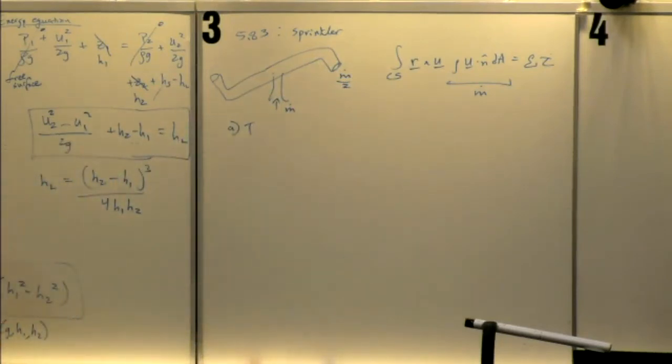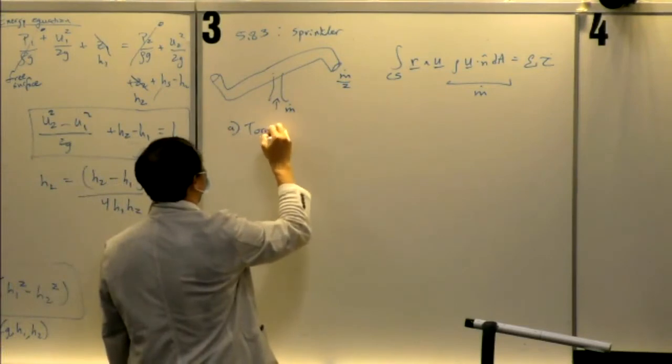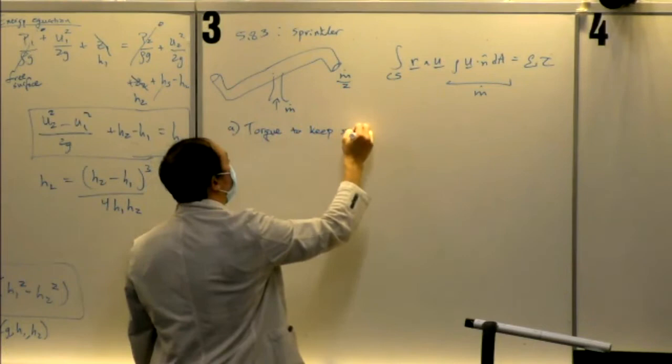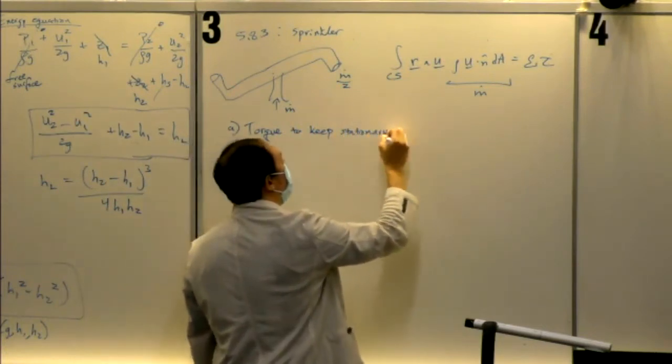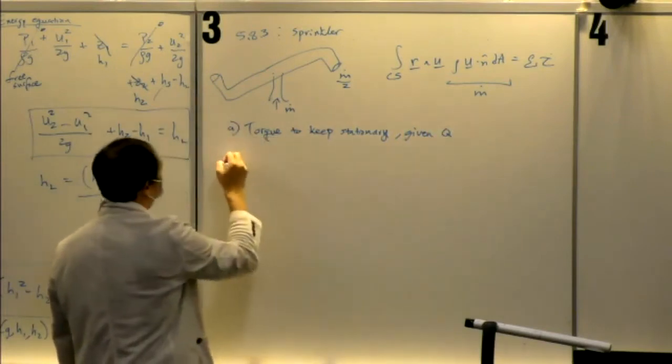But there are basically three questions that can be asked. One is the torque to keep it stationary, given Q, the flow rate into the sprinkler.